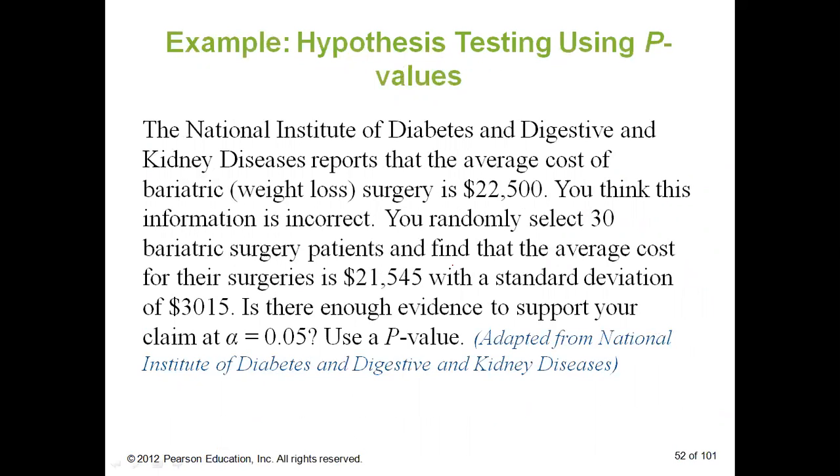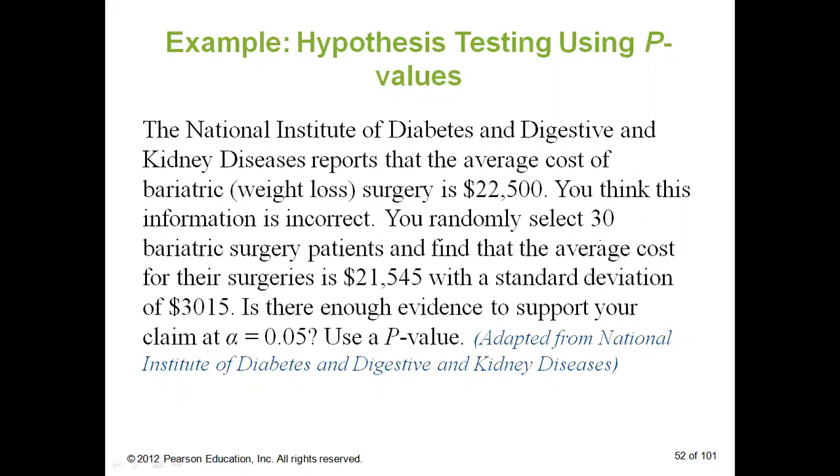Next, hypothesis testing using the p-value. We will see the next example. The National Institute of Diabetes and Digestive and Kidney Diseases reports that the average cost of bariatric weight loss surgery is $22,500. You think this information is incorrect.